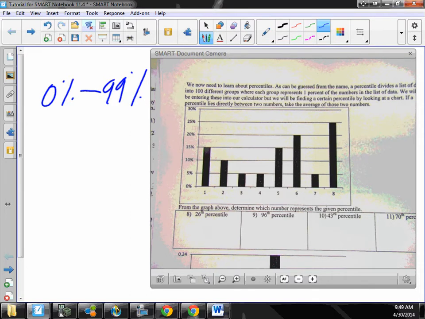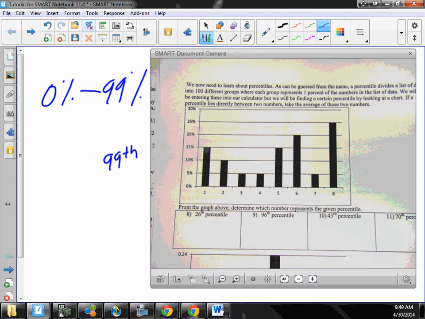So if you score in the 99th percentile, that means you scored better than 99 out of 100 people, and you are the 100. Does that make sense? If you're the worst person, then you're a 0. If you're the best person, then you're a 99. So percentiles are a little strange that way. So if you ever score 99 and you're upset with yourself that you didn't beat everybody, rest assured you did.